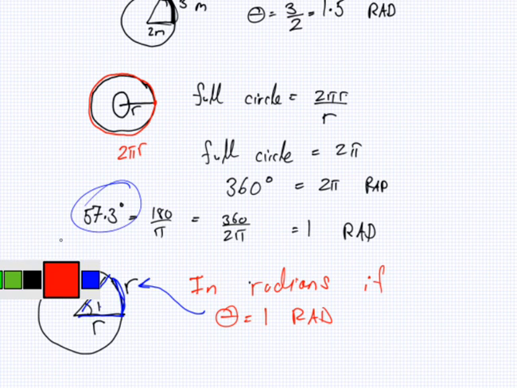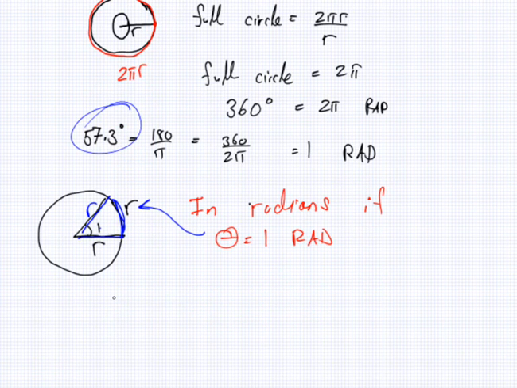So, suppose I have one full circle. This is R. Does anybody know how big this is for one full circle? Anybody remember from middle school? 2 pi r. So one full angle, a full circle, would equal 2 pi r divided by R. Circumference is equal to 2 pi r.